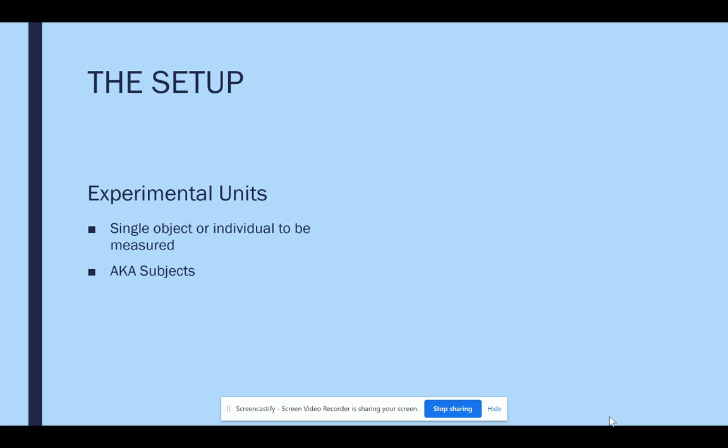That could be anything from an actual person to a survey or questionnaire, where each survey is an experimental unit. It could also be past records from the hospital or the electronic system, where each individual report is considered an experimental unit.